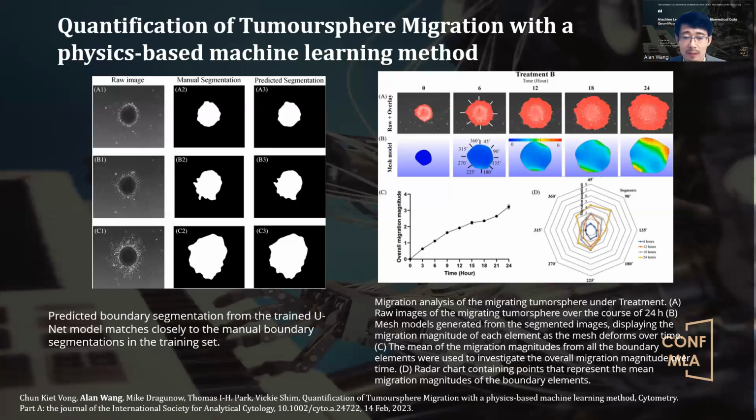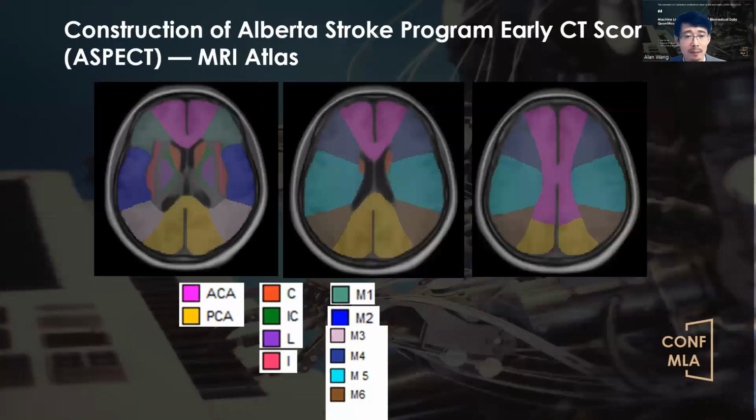Sub-figure C shows the mean of the migration magnitude from all the boundary elements, which can be used to investigate the overall migration magnitude over time. Sub-figure D is the radar chart containing points that represent the mean migration magnitudes of the boundary elements.